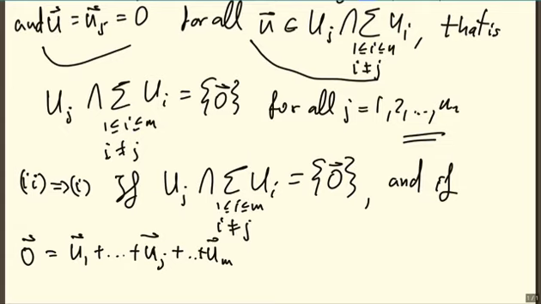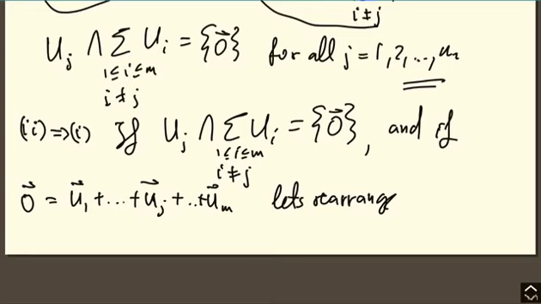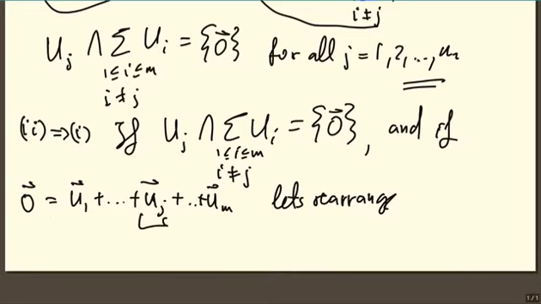So let's say that the 0 vector can be written in this form with this representation. Then let's rearrange, similarly to what we did before.